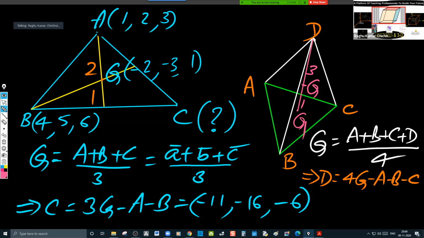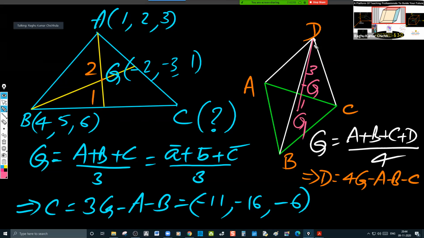Median is the line joining any vertex to the midpoint of the opposite side in case of a triangle. But the median in case of a tetrahedron is the line joining any vertex to the centroid of its opposite triangle. In case of a triangle, the centroid divides the median in the ratio 2:1.